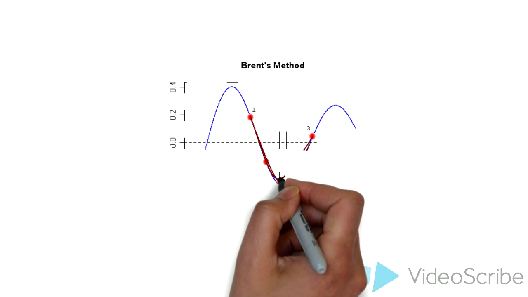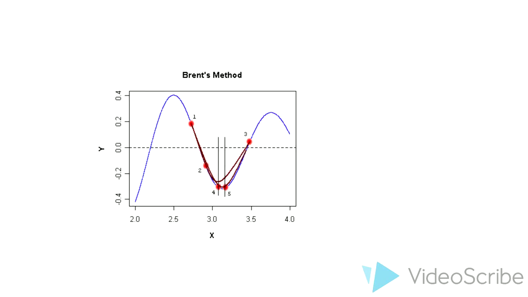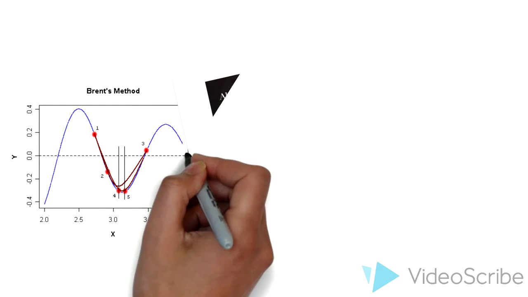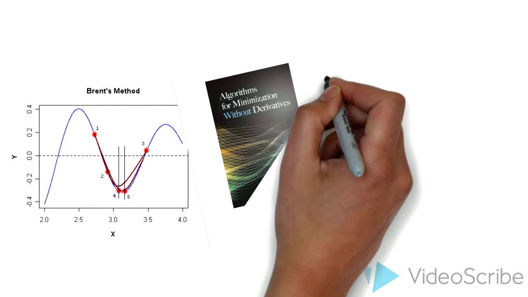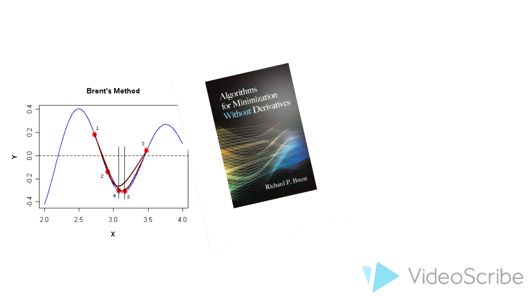Brent's method is a root-finding algorithm which combines root bracketing, bisection, and inverse quadratic interpolation. Brent claims that this method will always converge as long as the values of the function are computable within a given region containing a root.